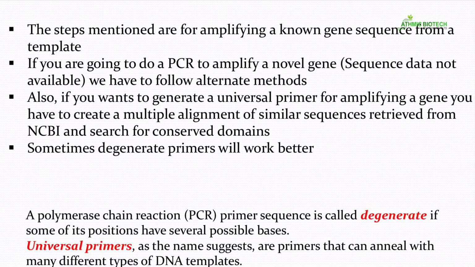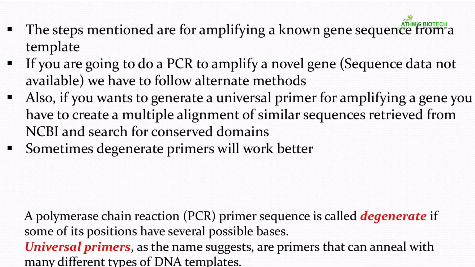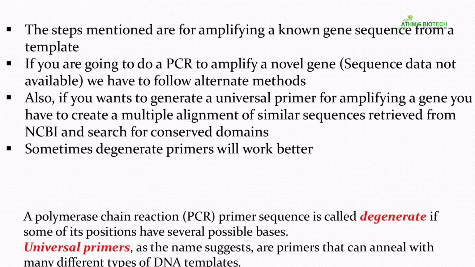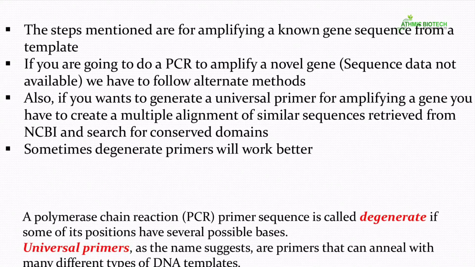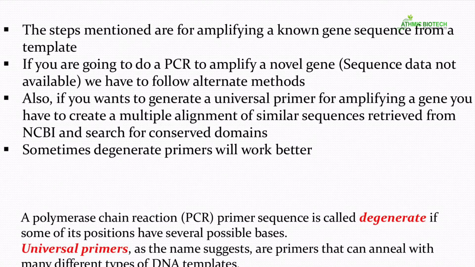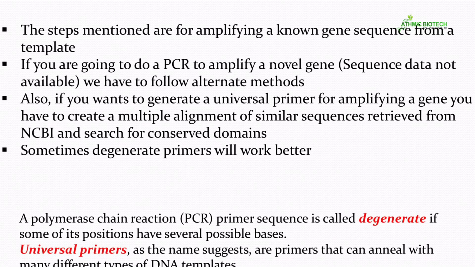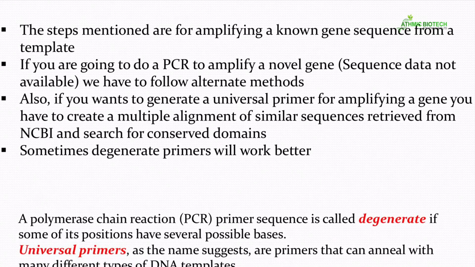Universal primer means, for example, bacterial 16S, which is used for molecular identification of bacteria. If you purchase the universal primer, that primer will work with all bacteria. So you can amplify 16S from all the bacteria using that universal primer.